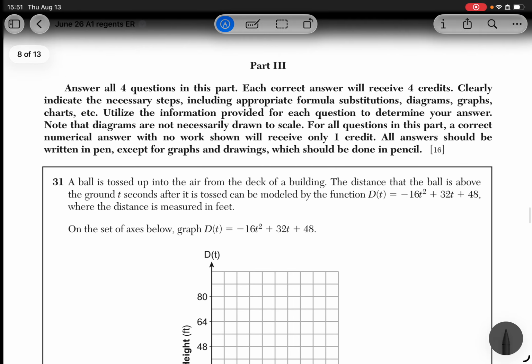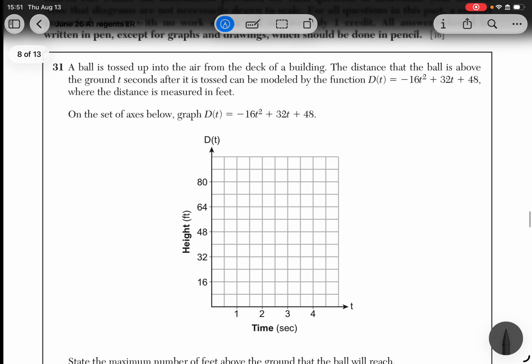All right, next up, part 3, which gets us into our 4-point questions. Typically, we have a question like this one, which can always be done in the calculator. I 1000% recommend you do these types of questions using your TI-84.